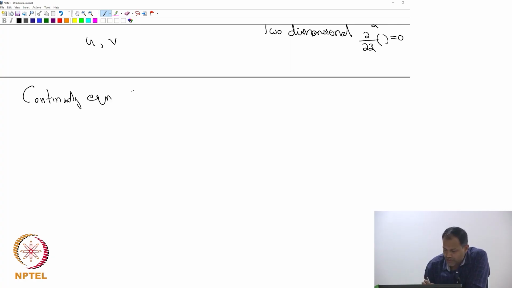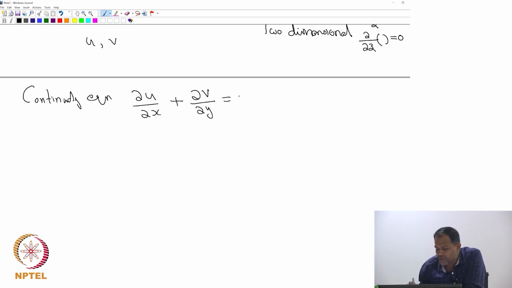Let us say u and v are the x component of velocity and the y component of velocity respectively. Then continuity equation says that you have dou u by dou x, the partial derivative of u with respect to x, plus partial derivative of v with respect to y is equal to 0, which is nothing but the expression divergence of a velocity field is equal to 0 written in the Cartesian coordinates.